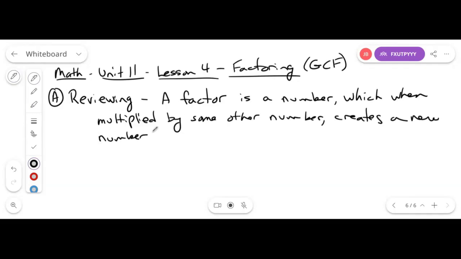And this is a rather simplified definition of what a factor is. But basically, a factor is a number that when you take it and multiply it by another number, you get a new number. It's the numbers that make up other numbers.